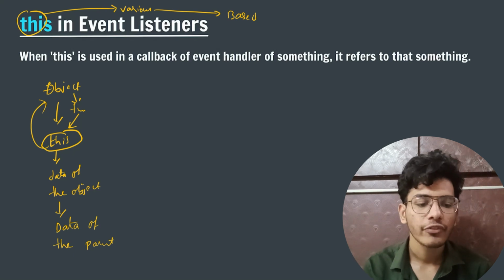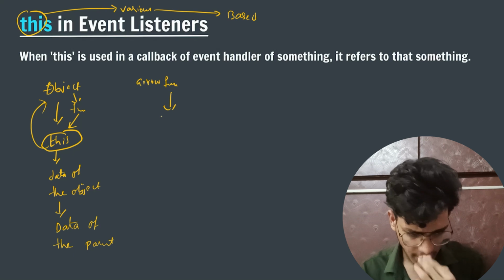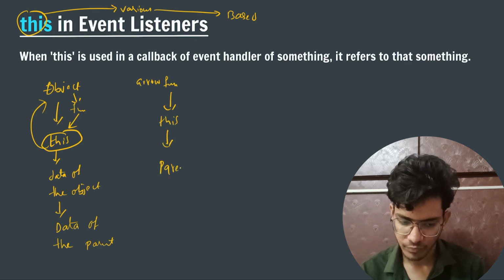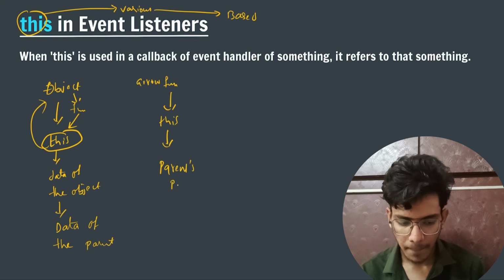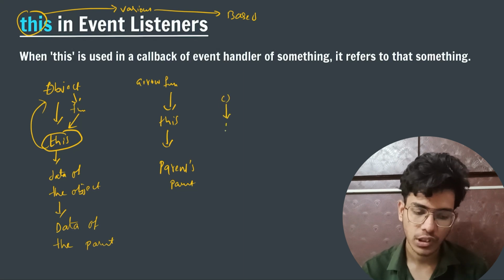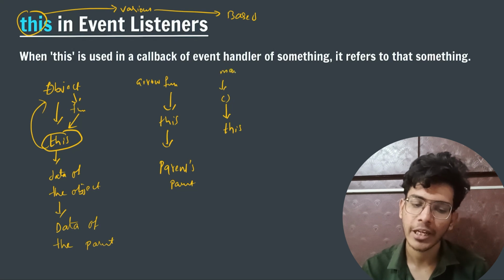Now for arrow functions, this keyword refers to the parent's parent. For example, let's say that I'm having an arrow function, and in that arrow function I'm printing this, and the parent of that arrow function is, let's say, the main program.